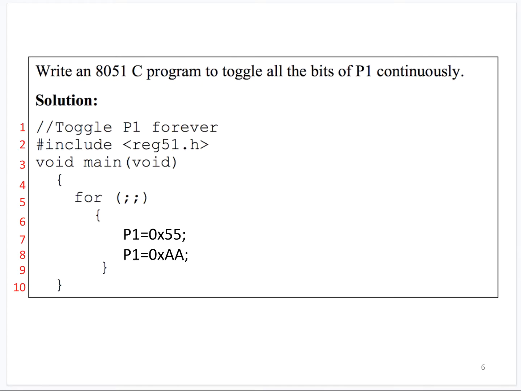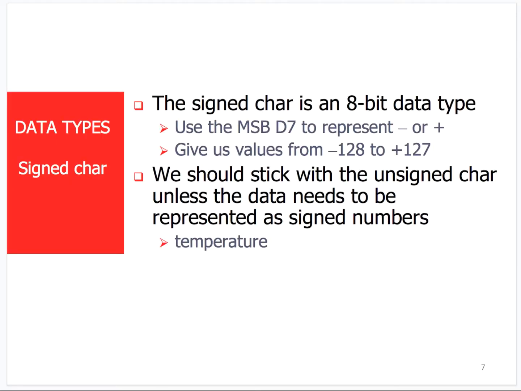So, here, P1 will have the values of 0, 1, 0, 1, and then it will become 1, 0, 1, 0. When 0 becomes 1, or 1 becomes 0, this is called toggle.